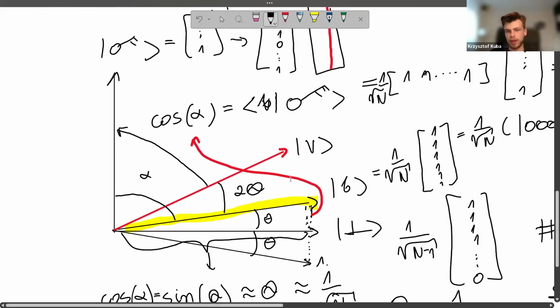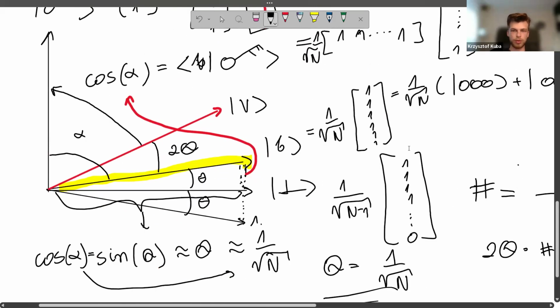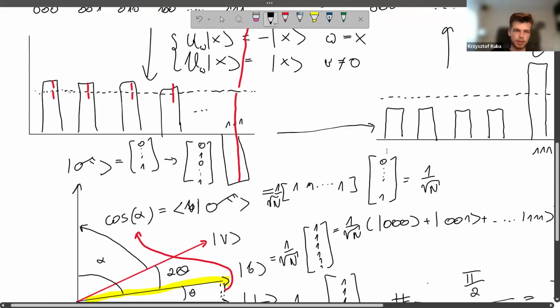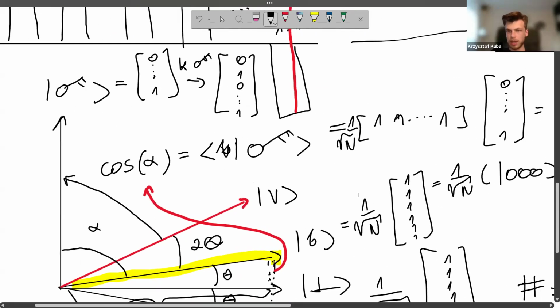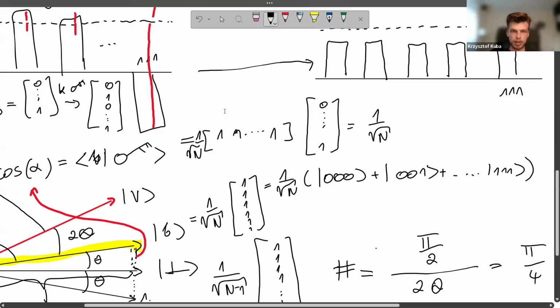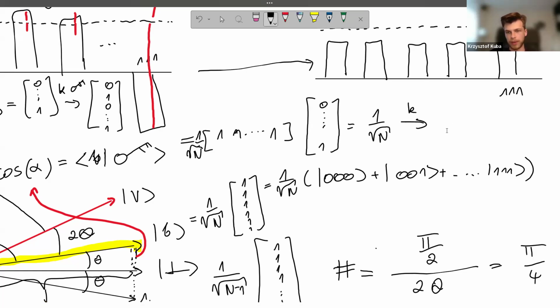But also our states will change, from this one to k keys. We will have k numbers right here. And also our state vector will change from this one to square root of k over n.